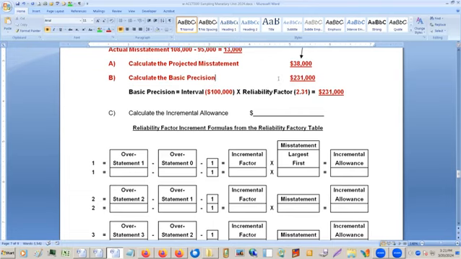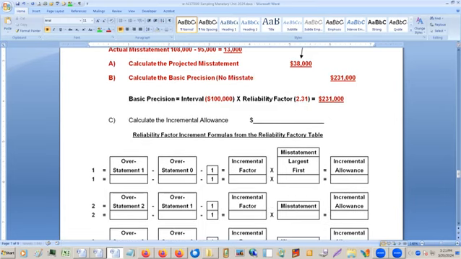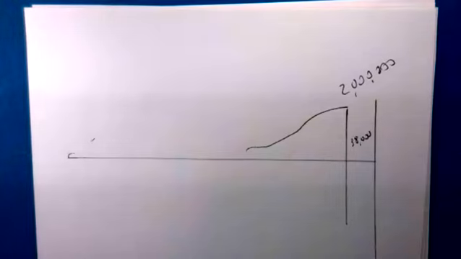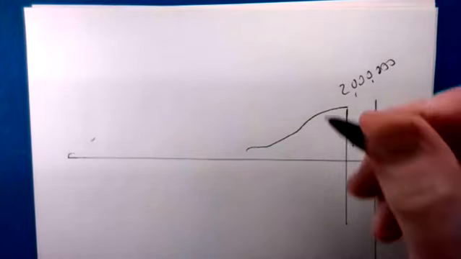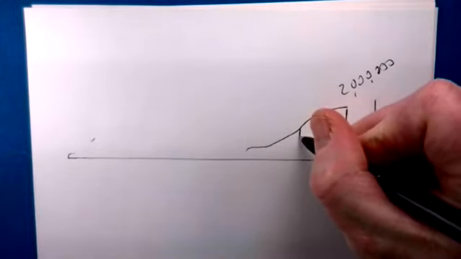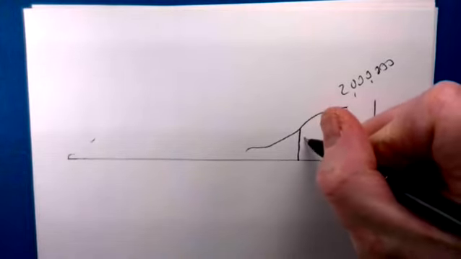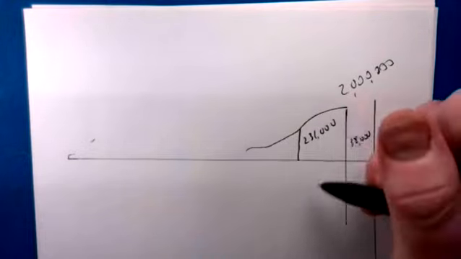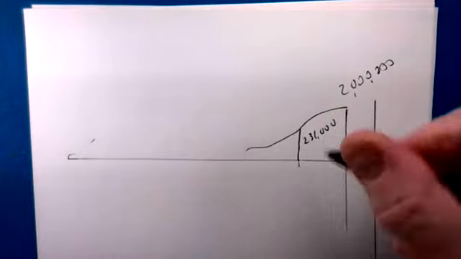Now, the basic precision is if there were no misstatements. So this is under the assumption there are no misstatements, so even if there are none, it's still possible this could be off by more.